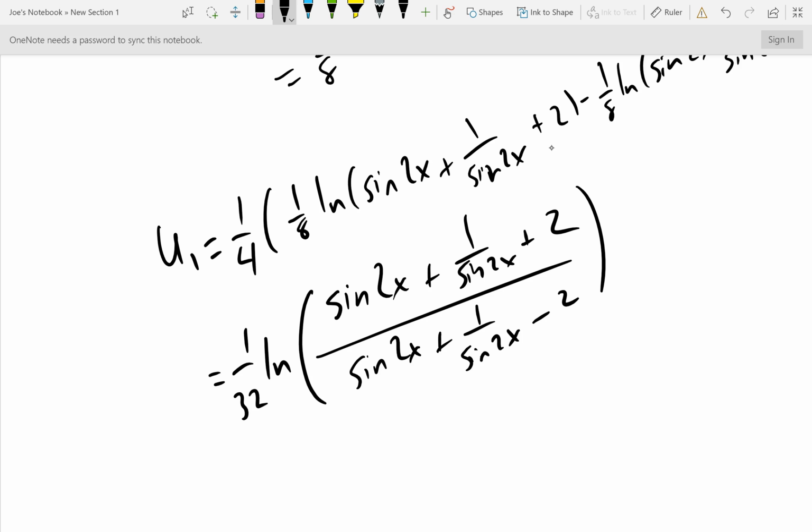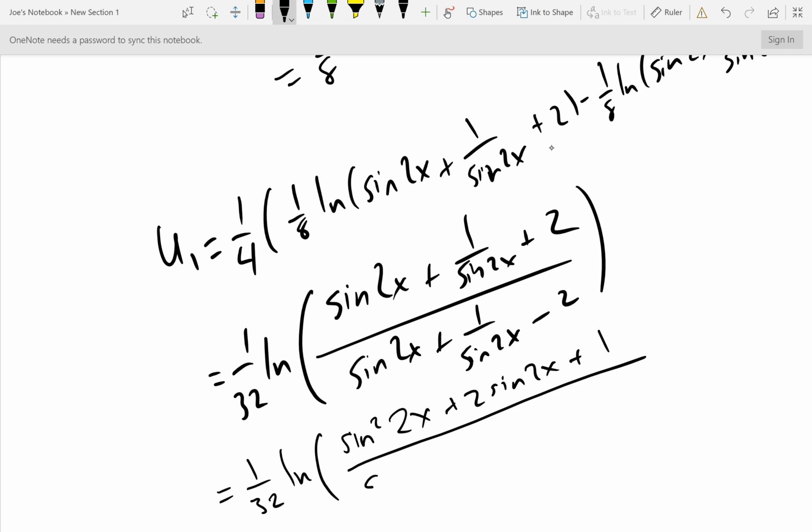So let's see here. Let's see if we can multiply top and bottom by sine of 2x. Maybe we get a little bit of help there to clear out those fractions. We would have sine squared 2x plus 2 sine 2x plus 1.